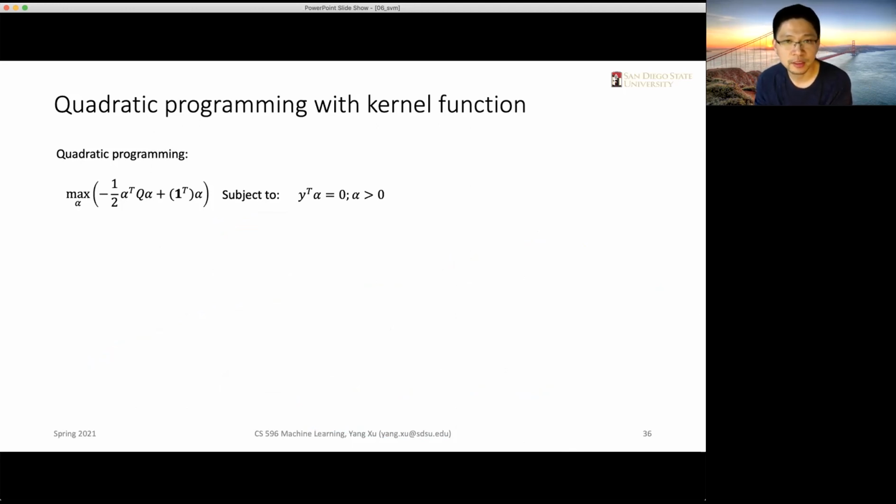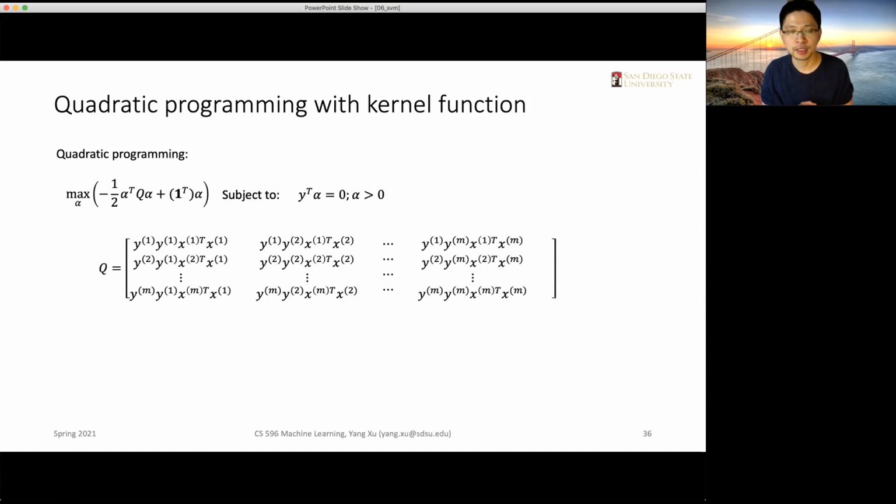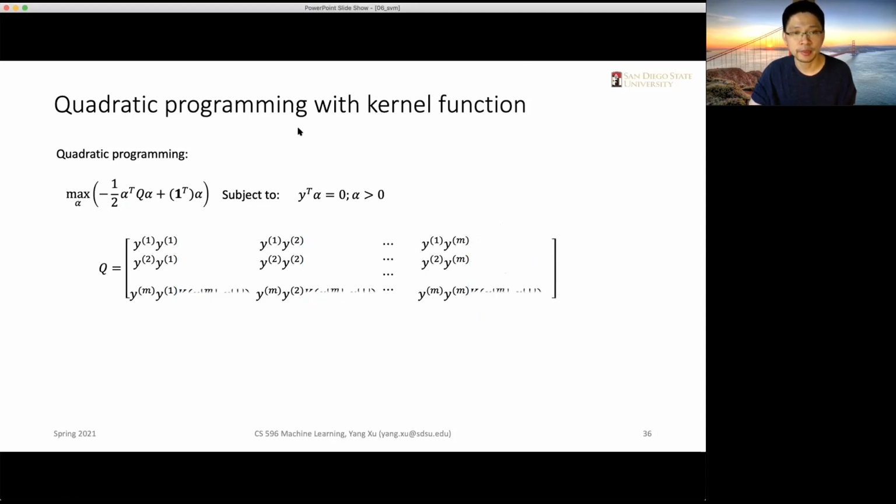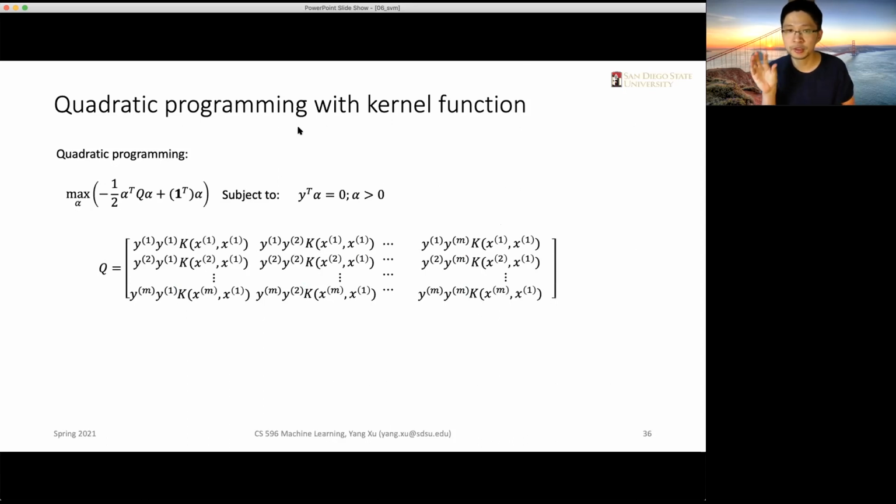Anyway, given the kernel functions, we're able to create a new form of the quadratic programming to solve, which is the Q. Remember the Q coefficients. Originally, they come purely from X and Y. Now, because we use a kernel, we should not use these simple inner products of X. We should replace the inner product between X with the kernel function. Remember, we need to choose some kernel function to replace the inner products in X space with inner products in Z space.